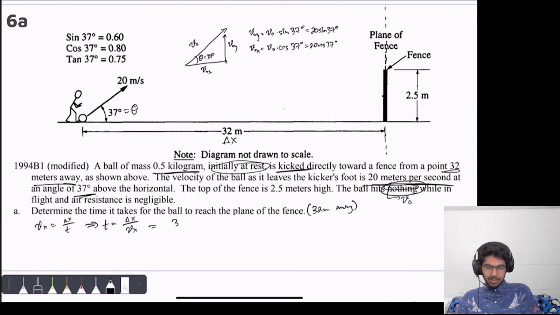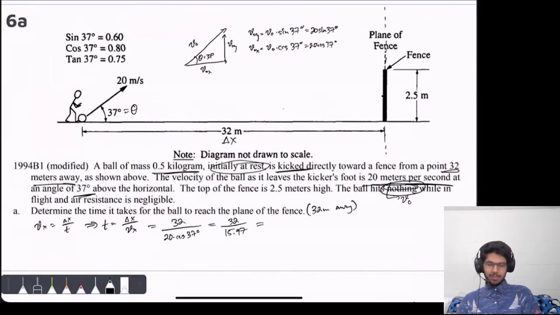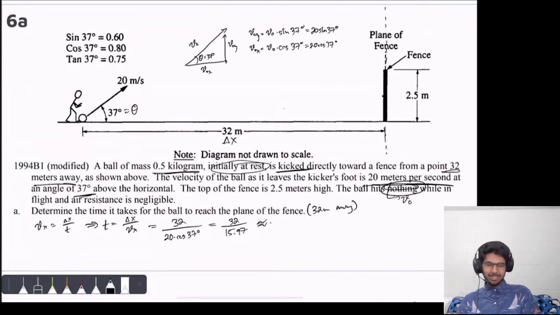This is equal to 32 divided by 20 times cosine of 37 degrees, and if we compute this out, this is just like 32 divided by 15.97, that is equal to approximately 2 seconds. So that's part A, already done.